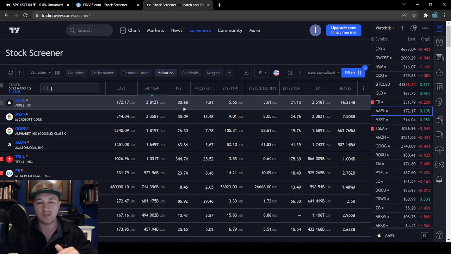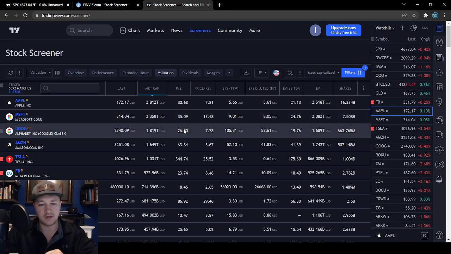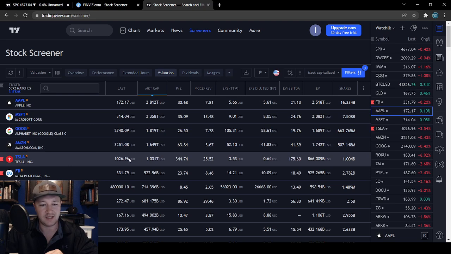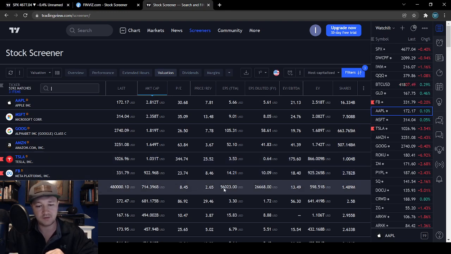An investor is willing to pay $30 for $1 of earnings from Apple. Moving forward to Microsoft, same concept. An investor is willing to pay $35 for $1 of earnings from Microsoft, okay? And then you got 26 and 63. Tesla is very high at 344. Facebook is at 23.